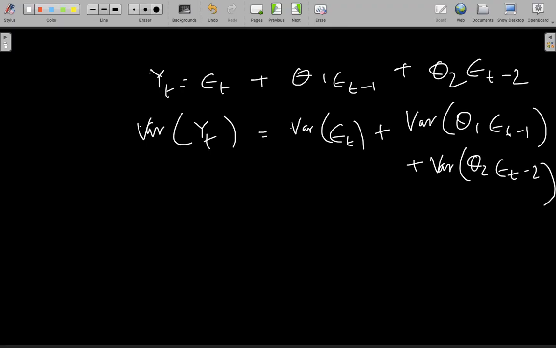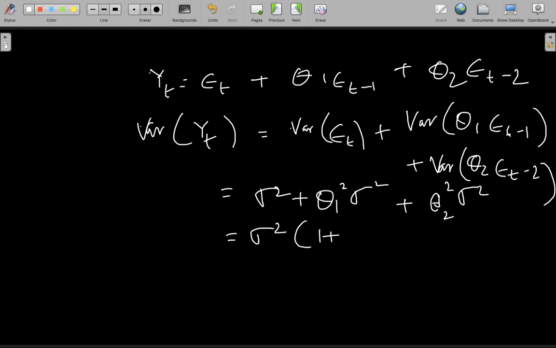Of course, I'll take theta_1, theta_2 out, and because they're IID, I'll have sigma square plus theta_1 square sigma square plus theta_2 square sigma square. If I take sigma square common, I get sigma square times 1 plus theta_1 square plus theta_2 square. So this is the variance.